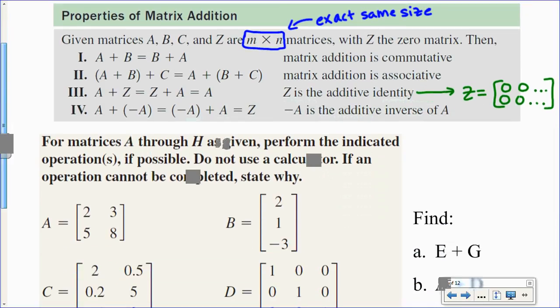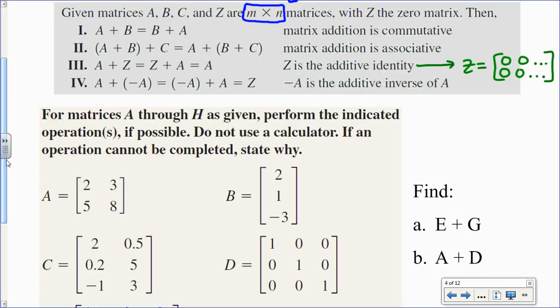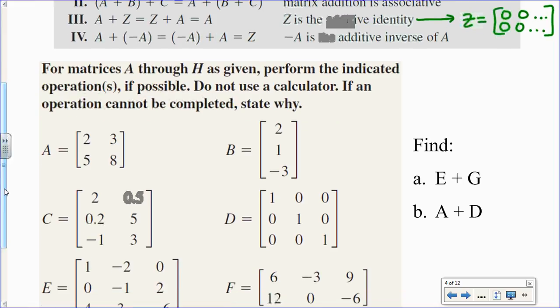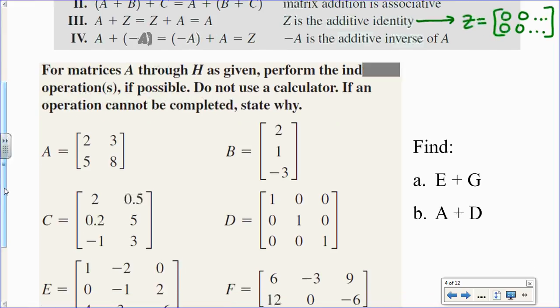Okay, so let's just practice adding. We'll be able to scroll down so we can see G. Everybody okay if I scroll down?